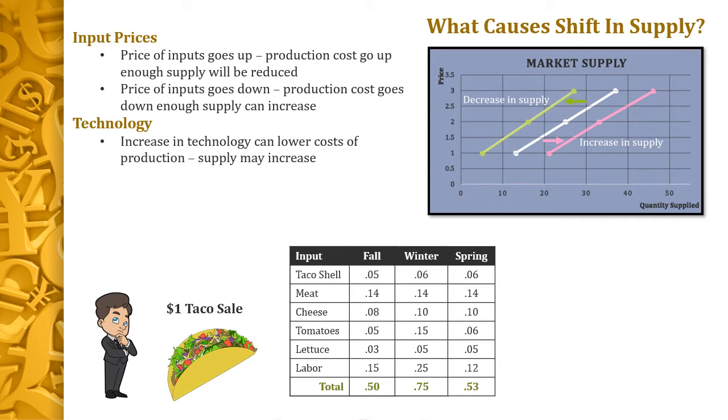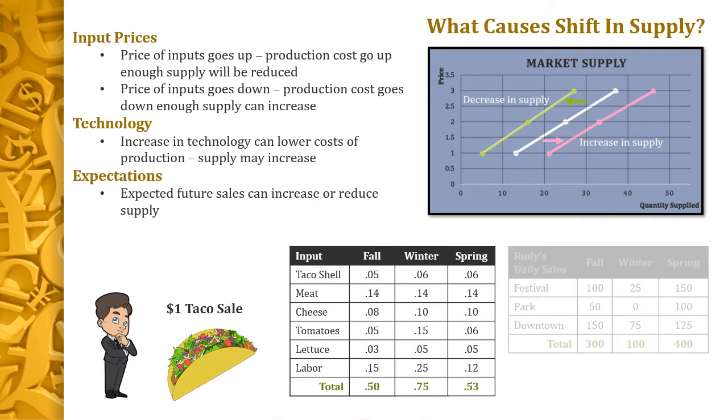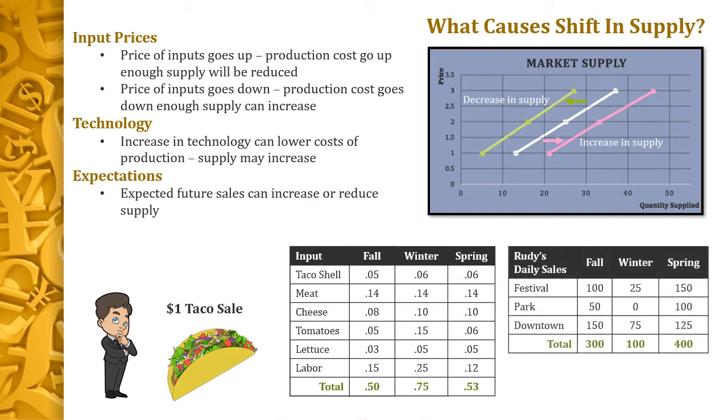But he also has to consider something else, which is the expectation. What future sales? Are they going to increase or decrease? And as he considers that, he looks at what he saw last year. And this is what he had last year. And we can see that in the winter, he basically didn't sell anything in the park. He says, people don't buy tacos in the winter. They want hot soup. They want baked potatoes. They want chili. And so he's not even going to bother to sell any tacos this winter.